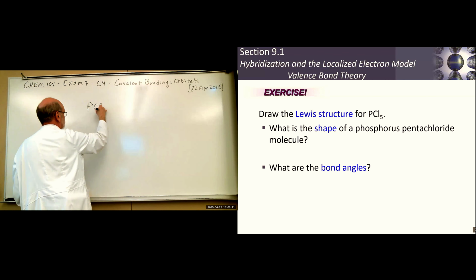So we have 40 electrons. And we have a P in the middle, and we have 5 chlorines. Right? 2, 4, 6, 8, 10. So now we have 30 electrons. Well, if we do 6 each times 5 is 30. So we've used them all up.